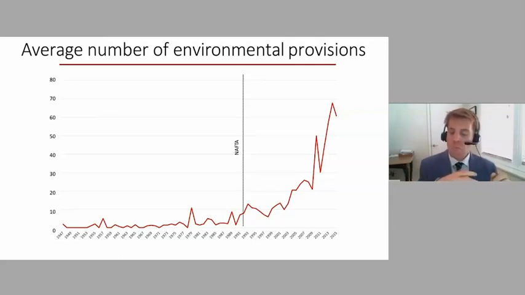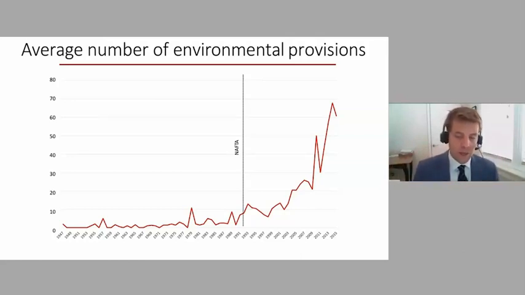Most trade agreements back then didn't include anything on the environment. But soon after the conclusion of NAFTA, we have this Cambrian explosion, where we have more and more environmental provisions that are more diverse, but also increasing in number, on average, in trade agreements.